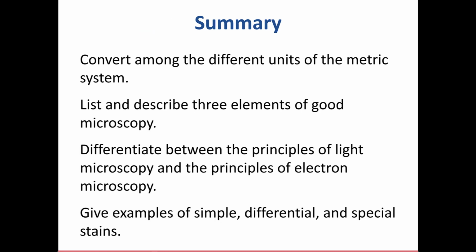So converting amongst the different units of the metric system is important. Listing and describing the three elements of good microscopy, which we're going to talk about in the next section. Differentiate between the principle of light microscopy and electron microscopy. With electron, we get out of the limits of light. About the highest we can do magnification is about 2,500 times.